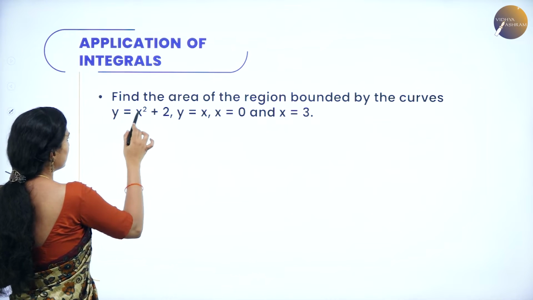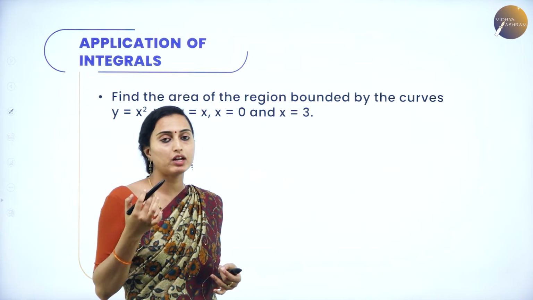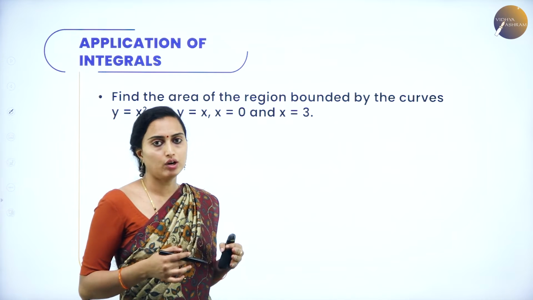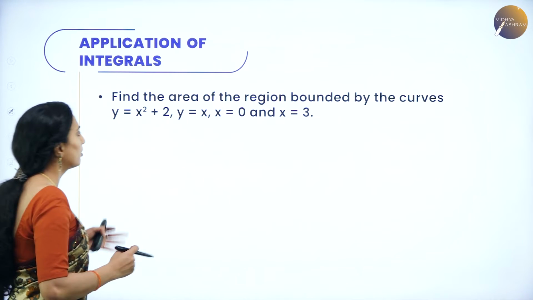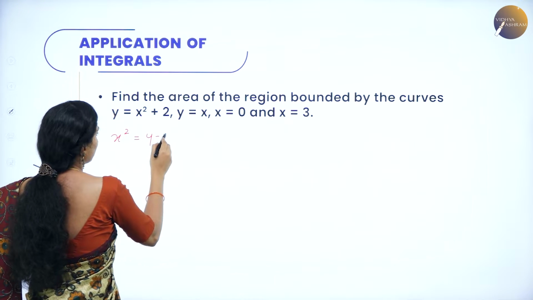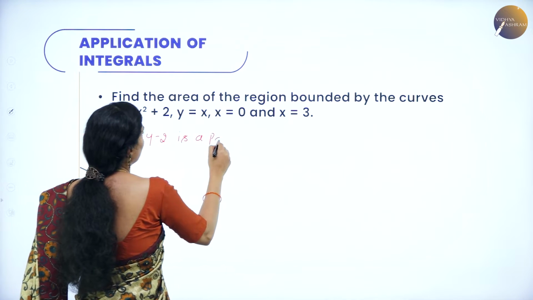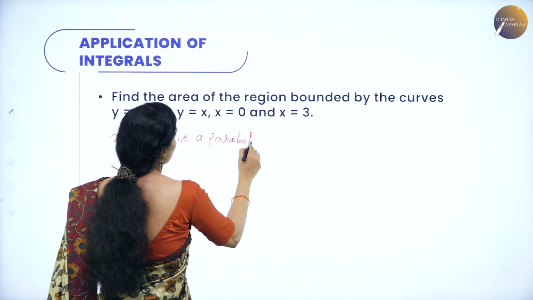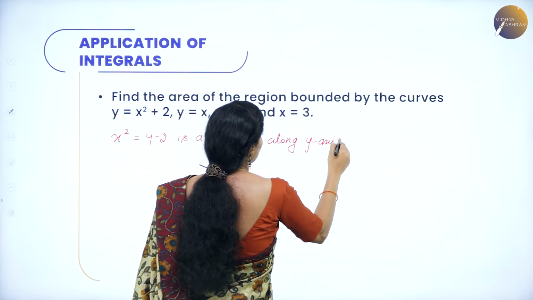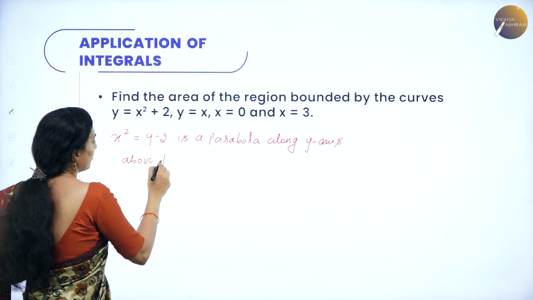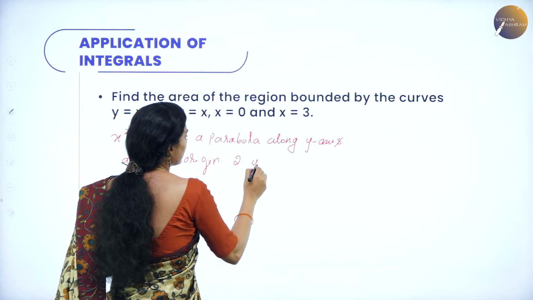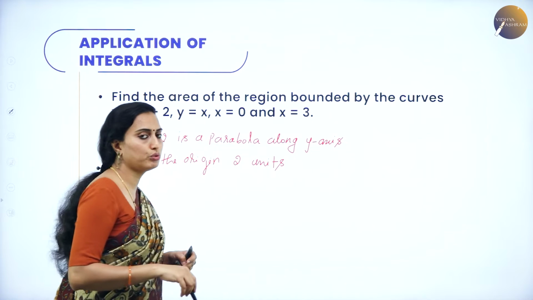Here y is equal to x squared plus 2, which means x squared is equal to y minus 2, is a parabola along the y axis, above the origin at a distance of 2 units. So let us draw the diagram.